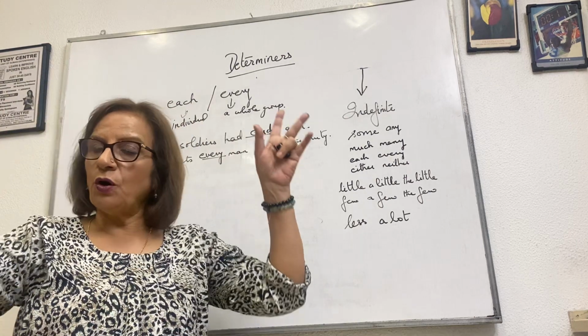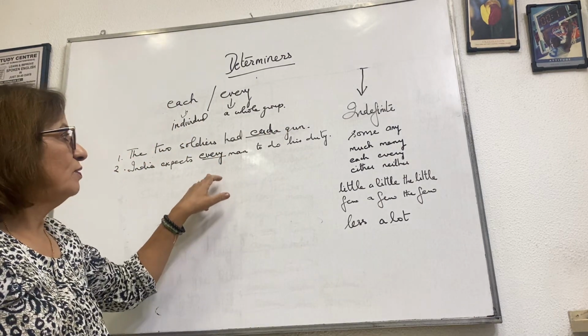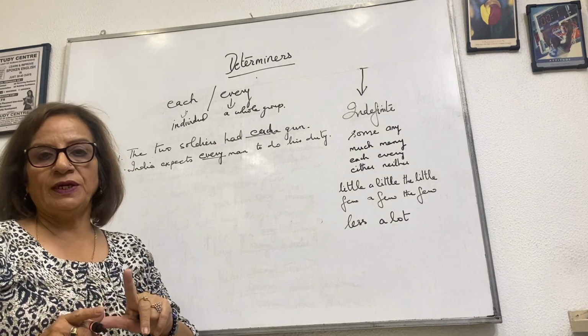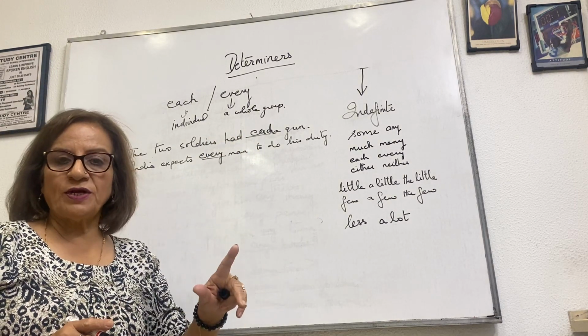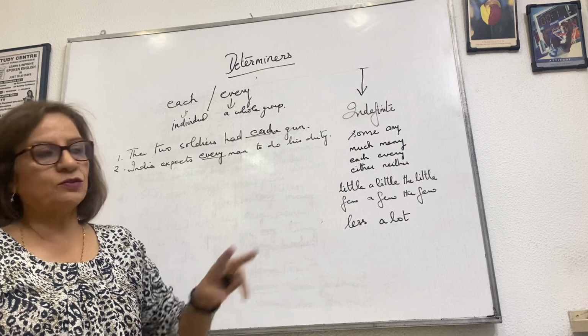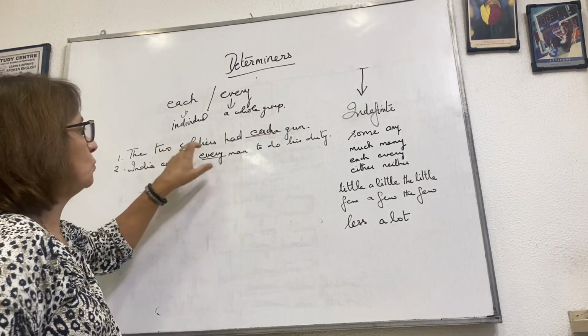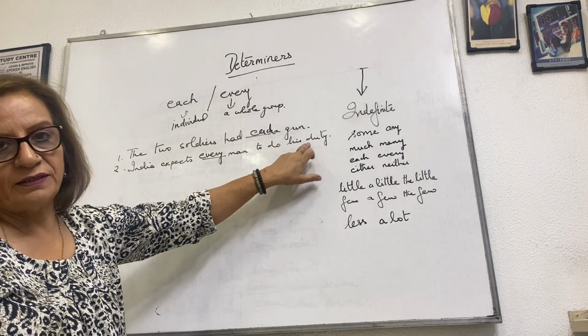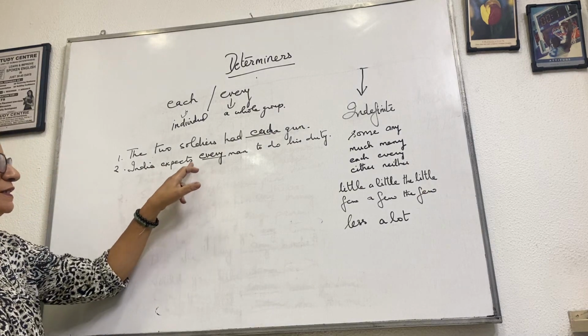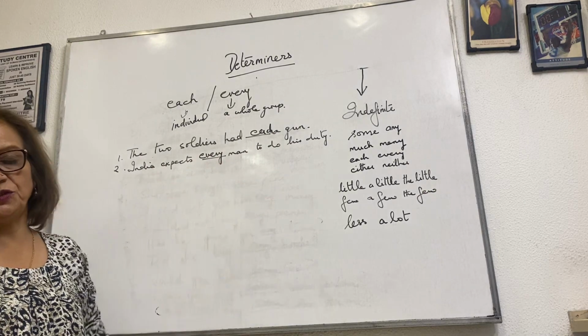So when we're talking about all, we say every. When talking about an individual, one soldier also has a gun, the other also has a gun, so we say each. The two soldiers had each a gun, and India expects every man to do his duty.